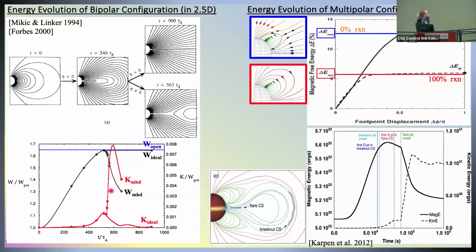So in the bipolar case, and this is a sheared arcade simulation from 25 years ago, you can build up this energy and get to something that's very close to the open field energy. It's not quite there, but it's pretty close.